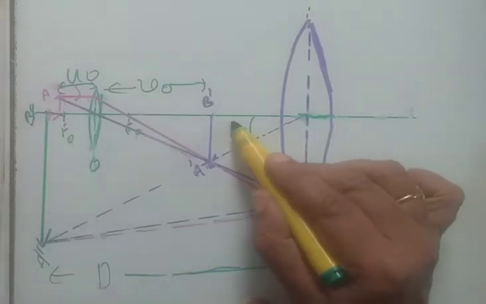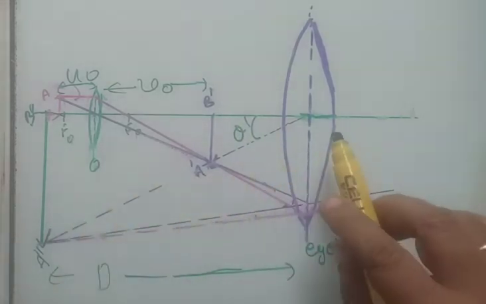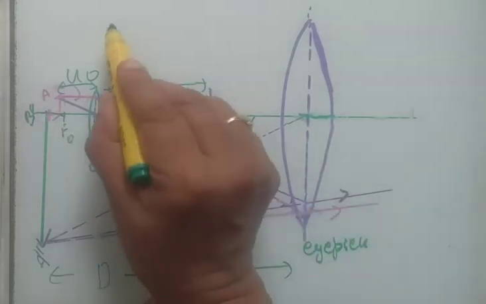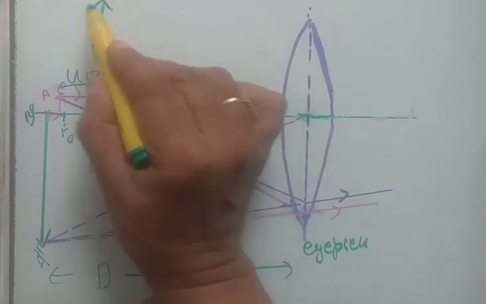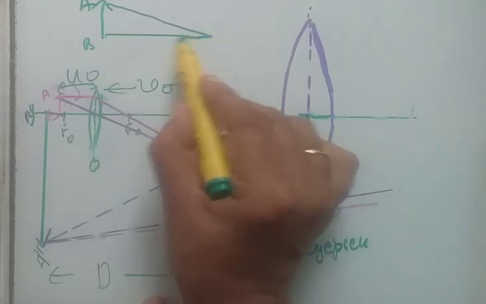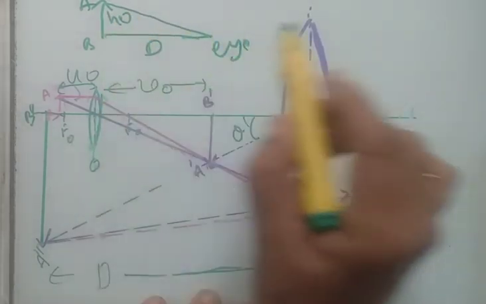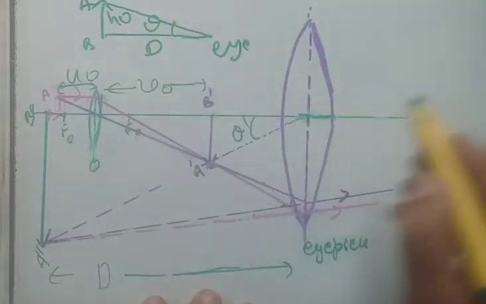This angle is what I call theta dash, the angle subtended by the final image at the eyepiece, and we already know if the object is here, AB, at the least distance of distinct vision, our eye is here, then this is HO. So this is theta without an optical instrument.